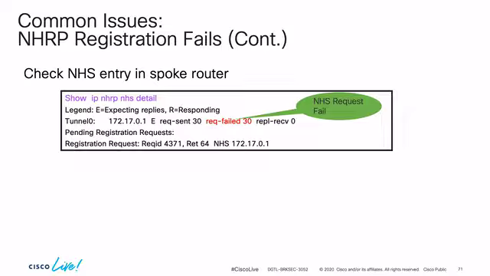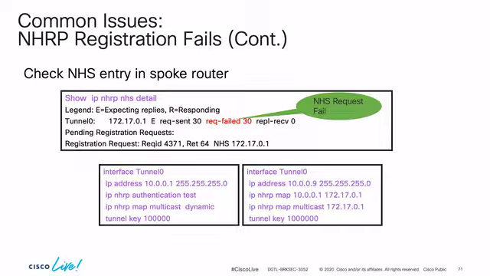So in this case, go ahead and take a look at the tunnel configuration. We have the IP address defined. On the left side, we have the NHRP authentication and the map multicast dynamic. So we have all of the required configuration, and we've gone ahead and defined a tunnel key also.